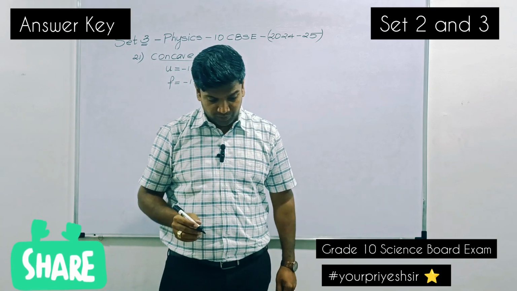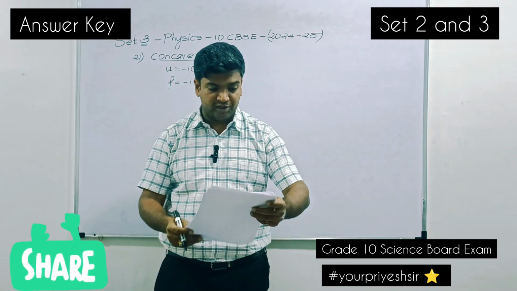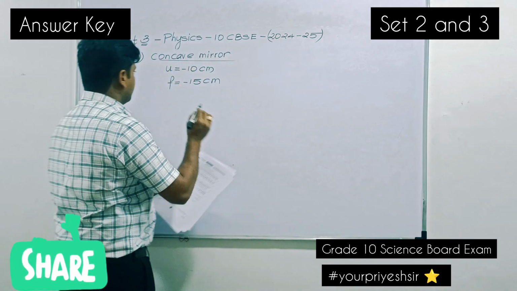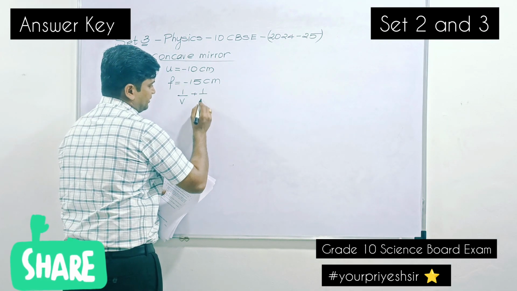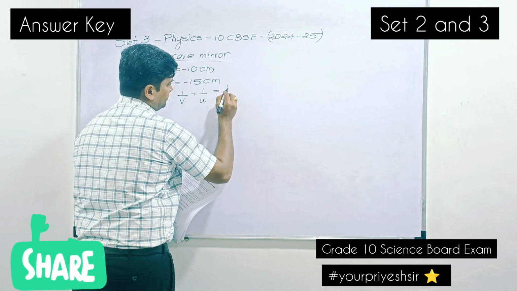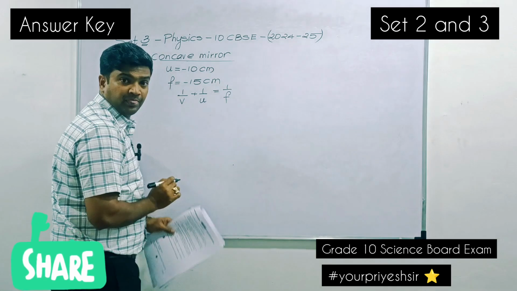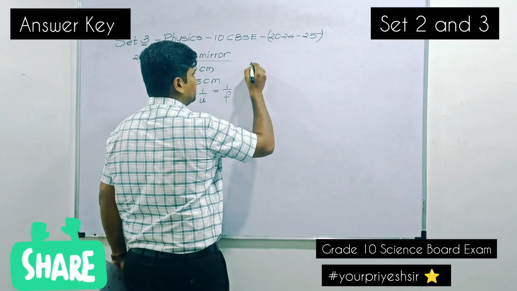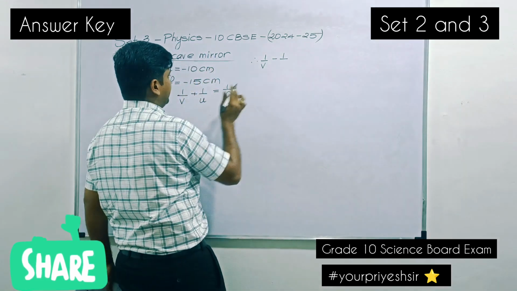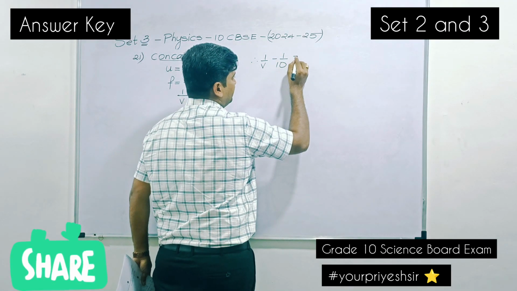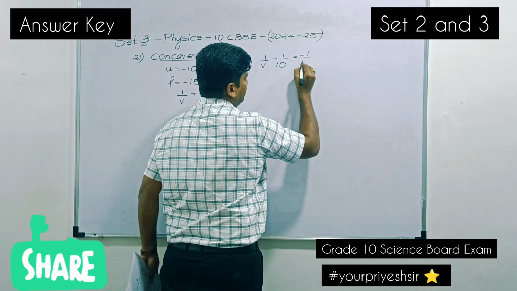Okay, so let's check what is given. Using the mirror formula, we have 1 by v plus 1 by u equal to 1 by f. I'll keep 1 by v as it is. This will automatically become negative, 1 by 10, equal to 1 by 15.